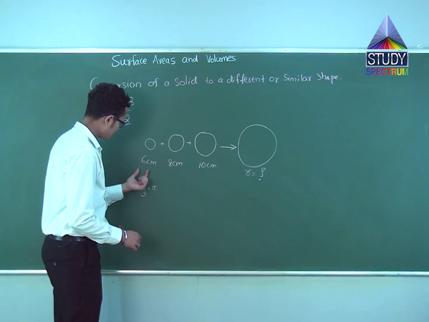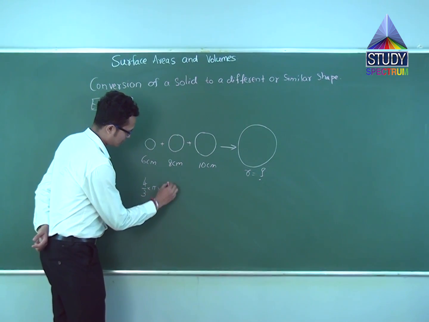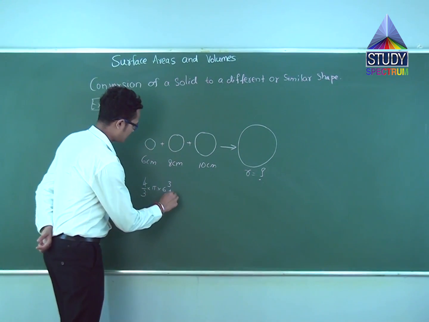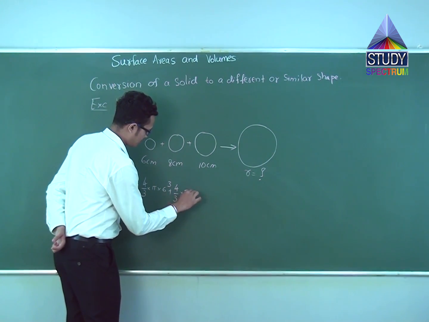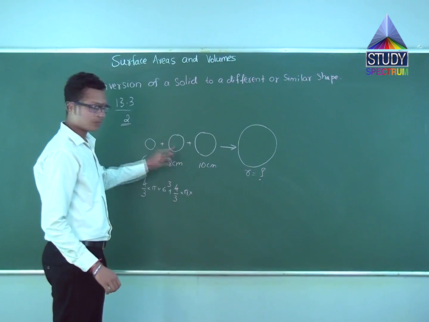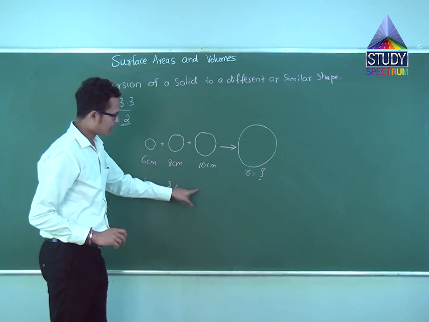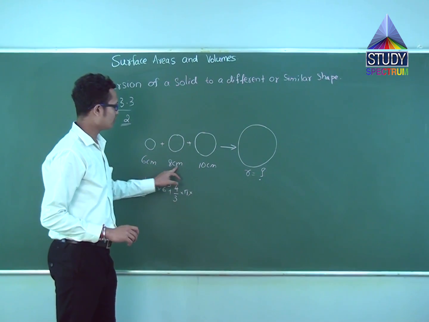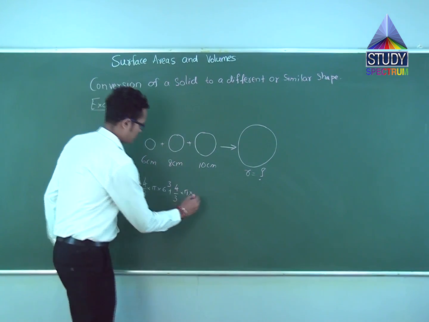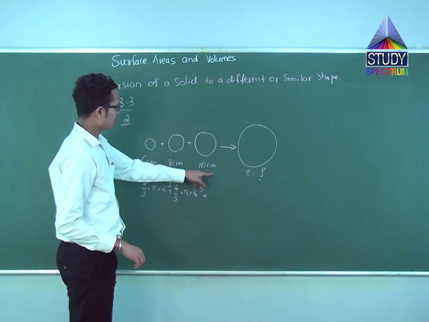Volume of this sphere is 4 by 3 pi into 6 cube, plus 4 by 3 into pi into 8 cube. Instead of writing r cube and then substituting, I'm directly substituting the value 8 for r, 8 cube, plus 4 by 3.